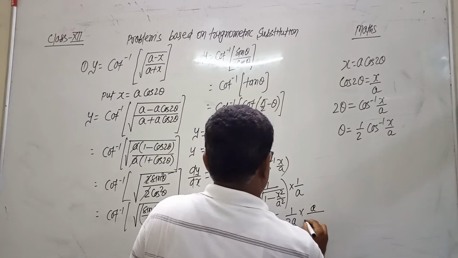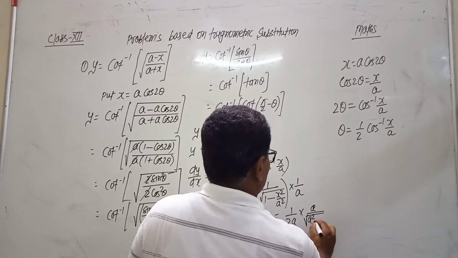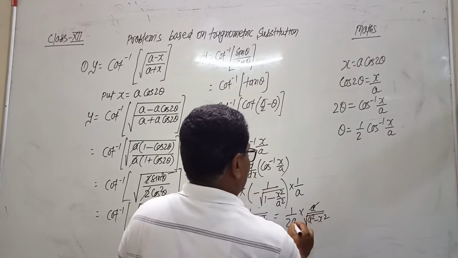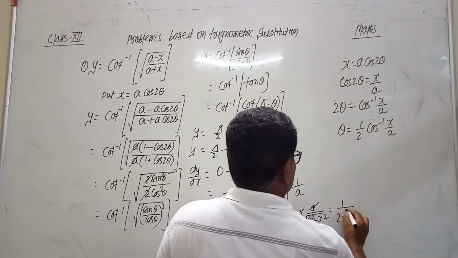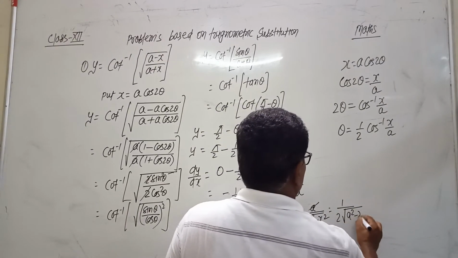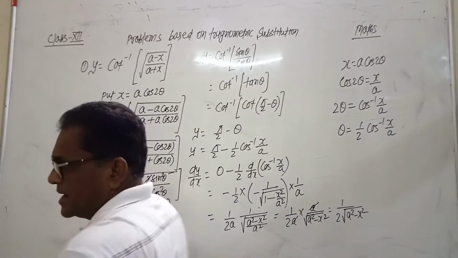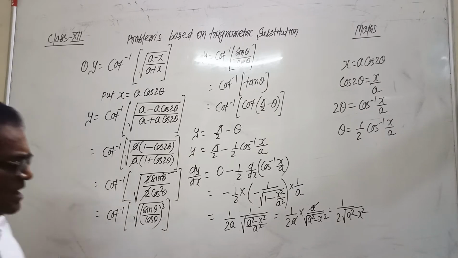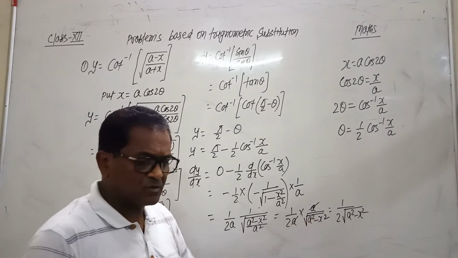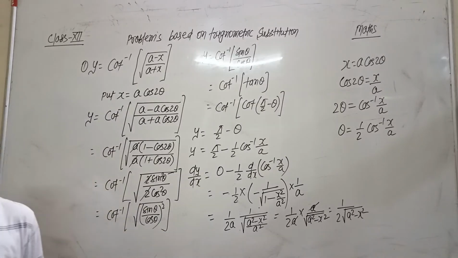It becomes a upon under root of a square minus x square. A and a get cancelled, and the result comes to be dy by dx equals 1 by 2 under root of a square minus x square.